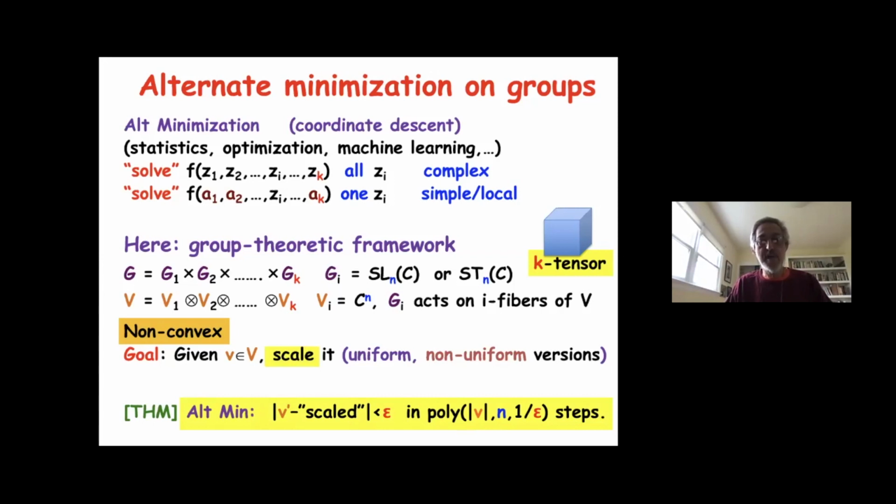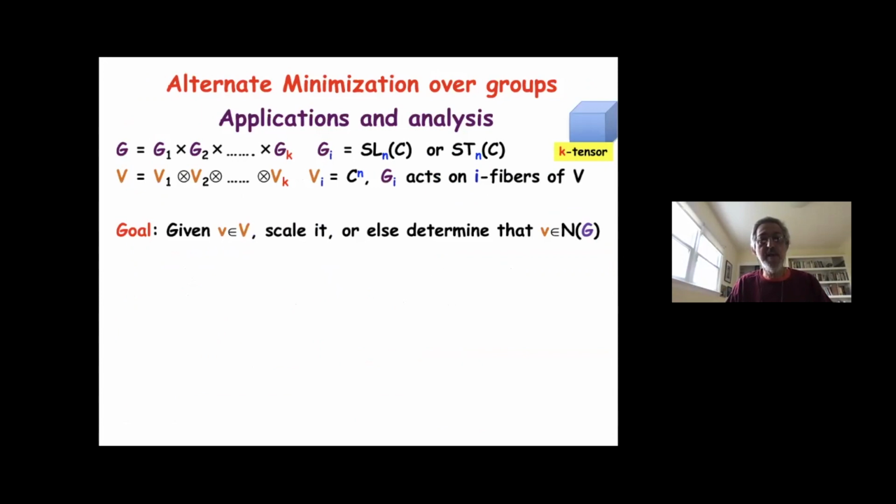So I'll put it again, because I want to talk about the analysis. First, again, the goal: I'll give you a tensor, and you want to scale it. And it will turn out that this will be possible if and only if this vector is not in the null cone.